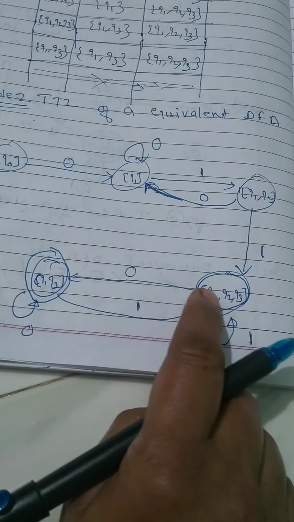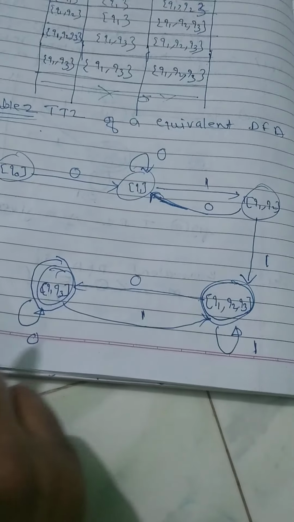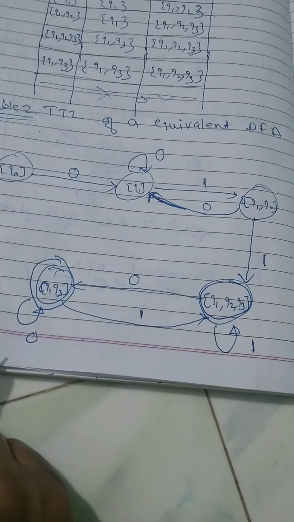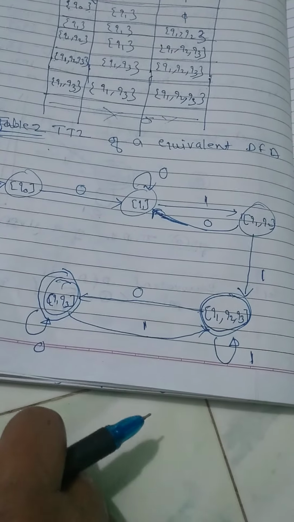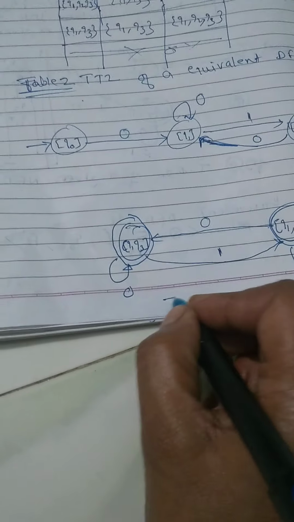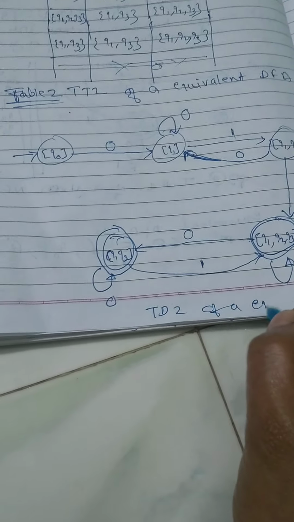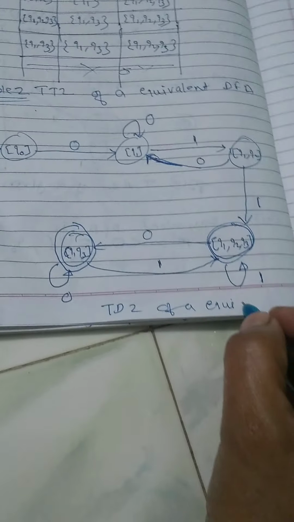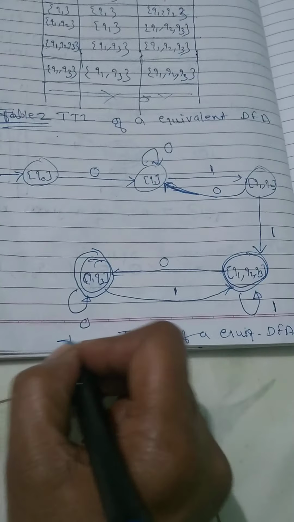Because Q3 is present in both subsets and Q3 is the final state of the given NFA. So both these subsets become the final states of the equivalent DFA. So this is the transition diagram. Let's consider this as transition diagram 2 of the equivalent DFA. Figure.